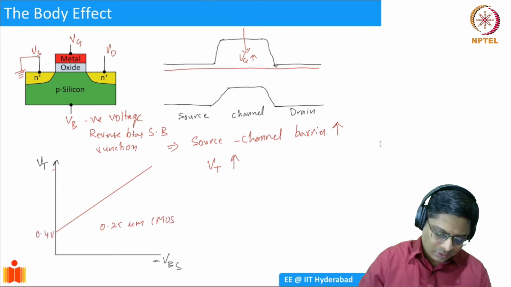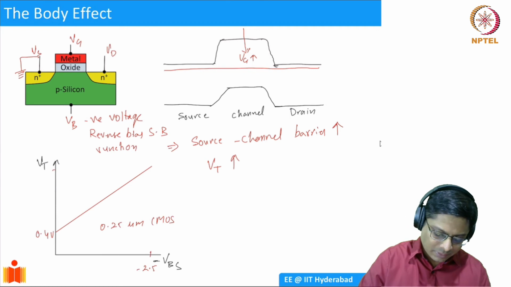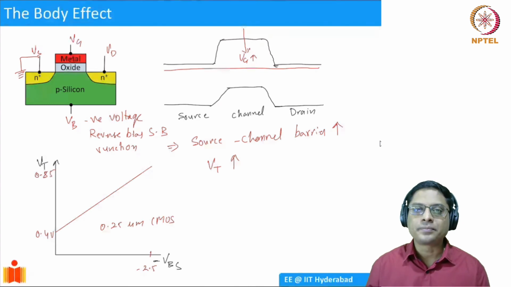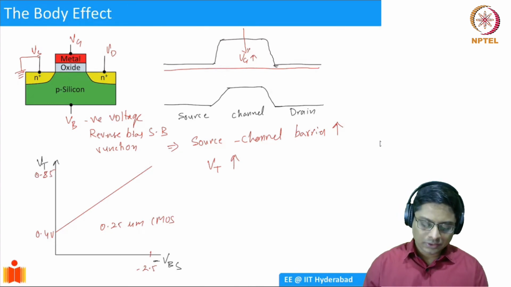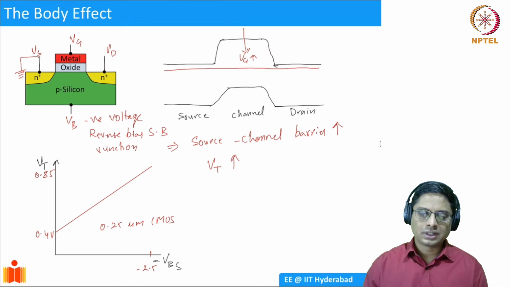And if I apply, let's say, minus 2.5 volts, VDD, it might become something like 0.85. So I can effectively double my VT. It is possible to do that. Okay. So this effect is known as body effect, wherein I'm changing the threshold voltage of a MOSFET by applying a voltage to the bulk.